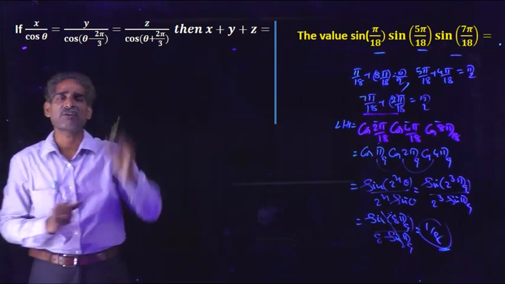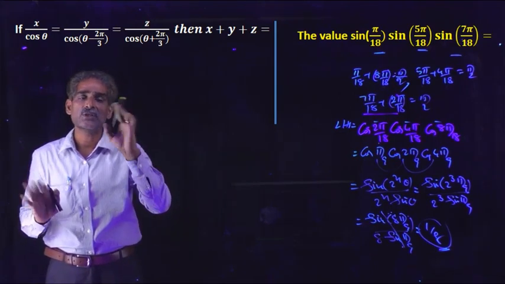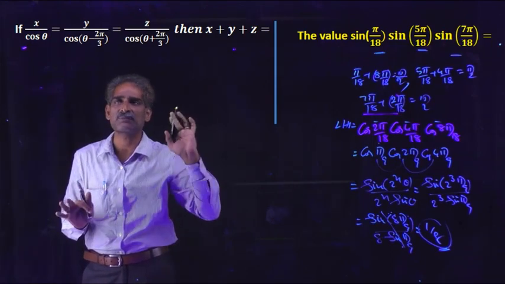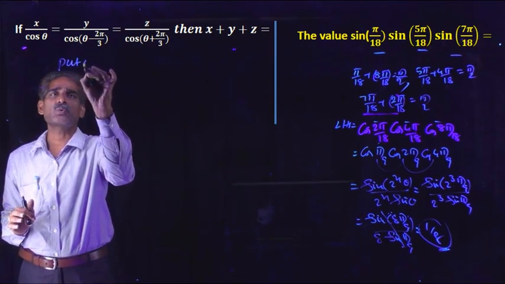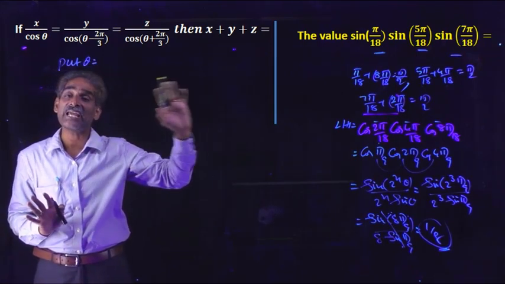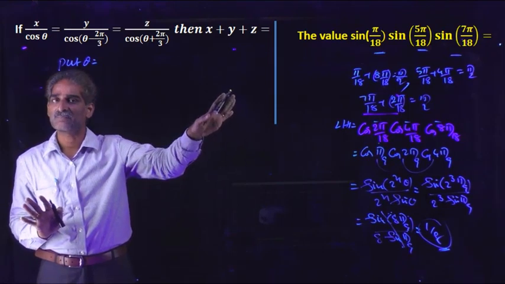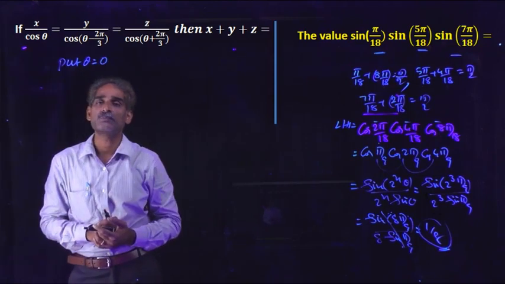Simply take any value in place of theta, if theta exists. In x by cos theta, x by cos of something, x by cos of something, simply put theta equal to, I am taking 0.